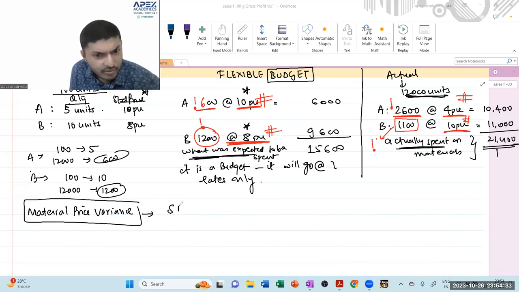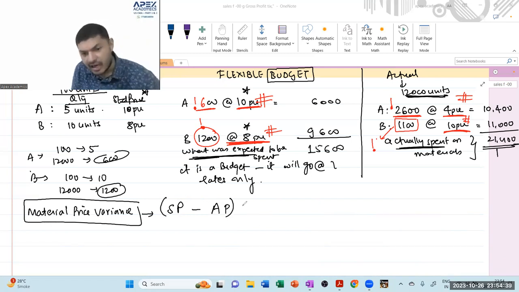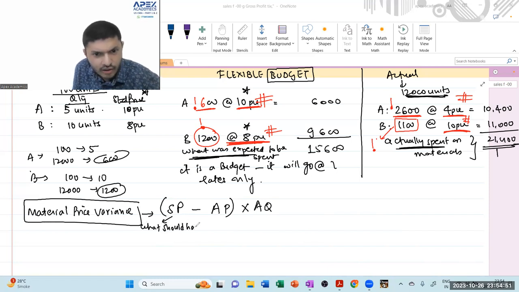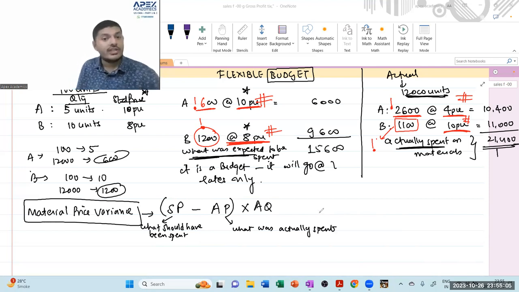How much was I supposed to spend, that is standard price, minus how much did I actually spend, that is actual price, applied to my actual quantity purchased. So here I'm comparing what should have been spent versus what was actually spent.